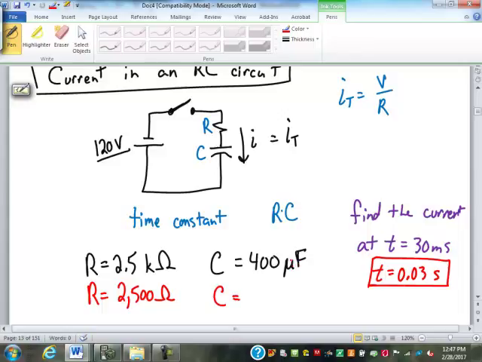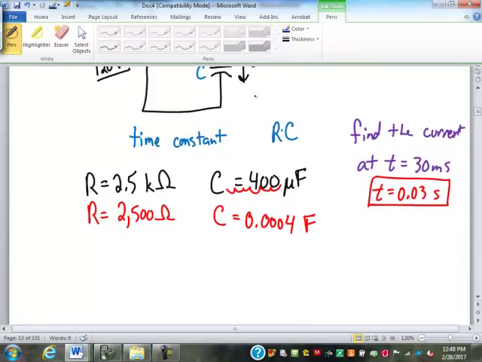Micro is 10 to the negative 6, or 1 millionth. So we've got to go 1, 2, 3, 4, 5, 6. So it's 0.0004 farads. Now it'll be easier to plug it into our equation, and I have to give the equation next.